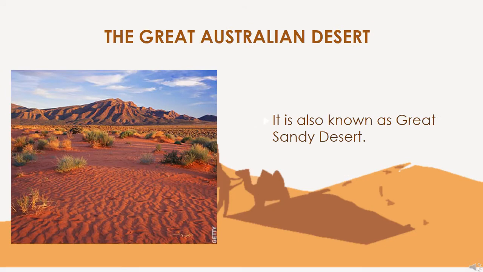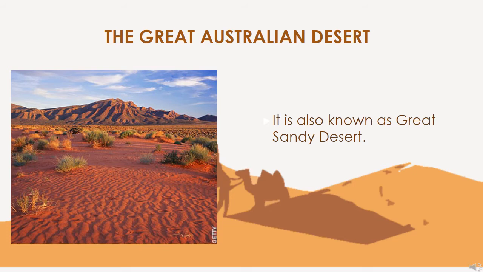Children, now let us talk about one of the desert areas of the world, and that is the Great Australian Desert. Students, if you remember, in our first chapter we had studied about different continents of the world, and out of that the smallest continent is Australia.